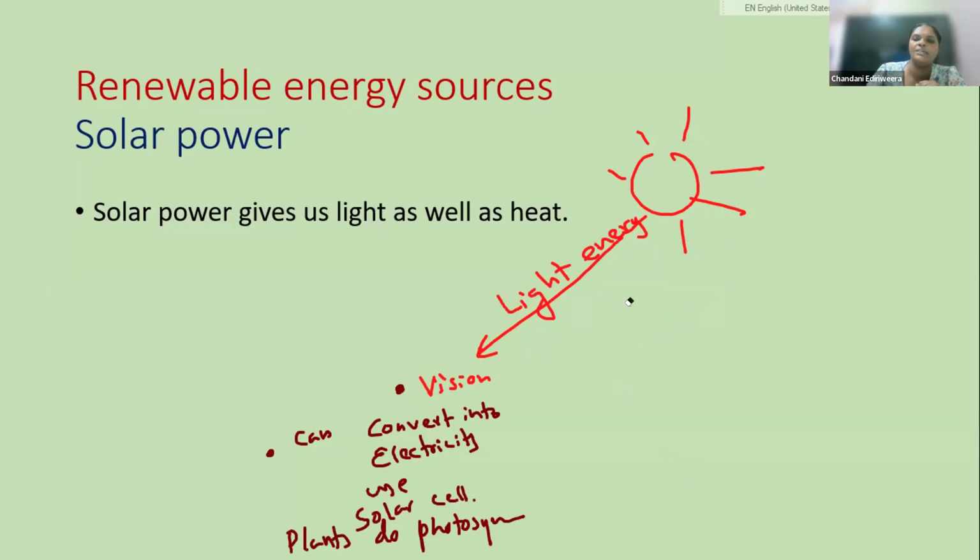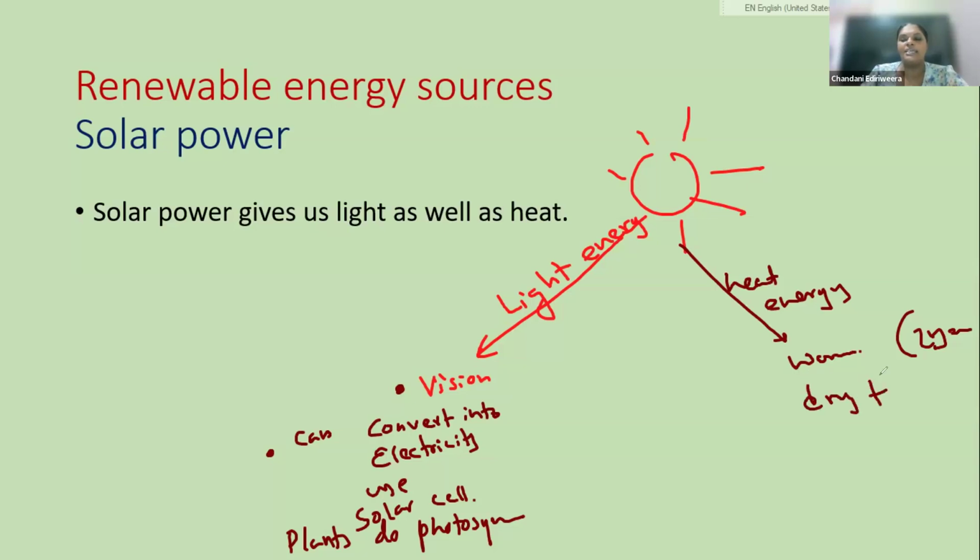When we get the sun, it gives the heat energy, and due to this heat energy we feel warm. And we can dry things like clothes, chilies and paddy, using heat energy.